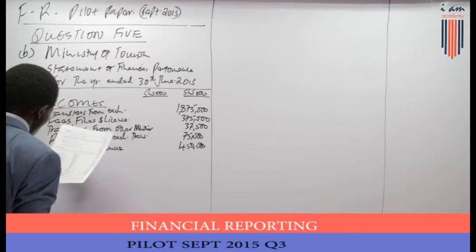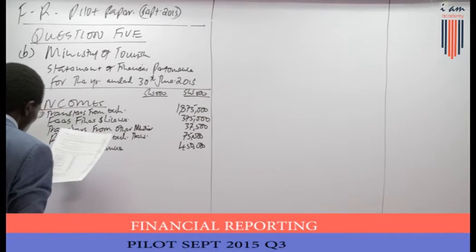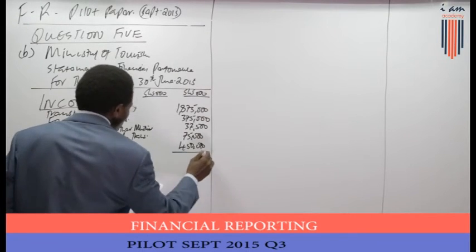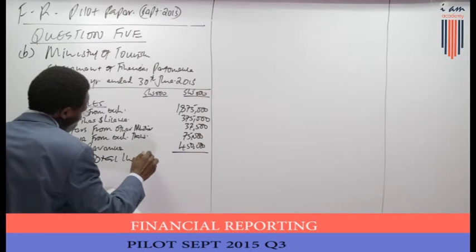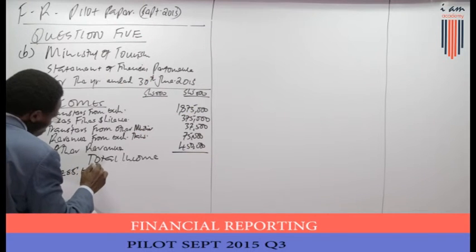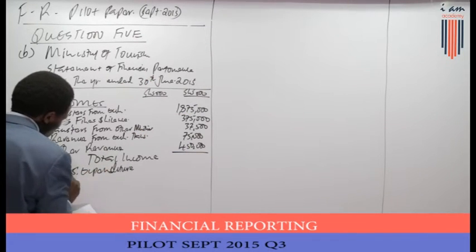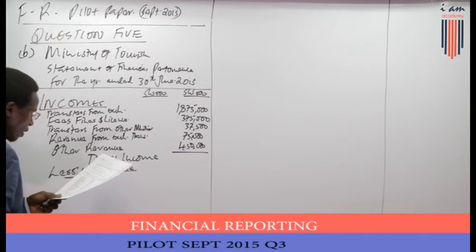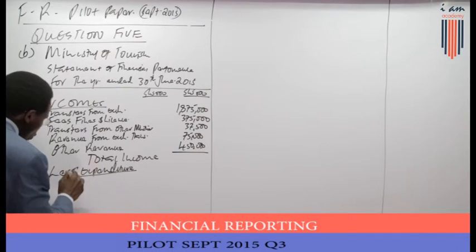So we don't have any other incomes, as I can see. Now we get the total. That will be our total income. Then we less expenditure. One of the expenditures is supplies and consumables used.